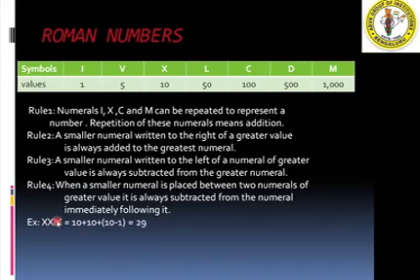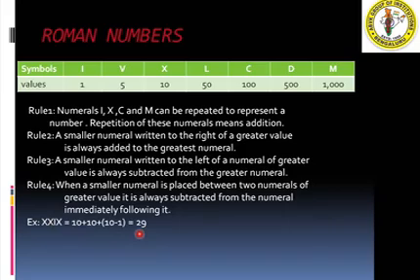In between these two numbers is one small number, I. According to rule number 3, the small number on the left side of the greater number is subtracted: 10 minus 1, 9. So 10 plus 9, this symbol represents 29.